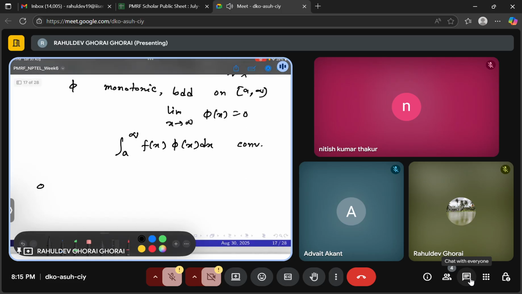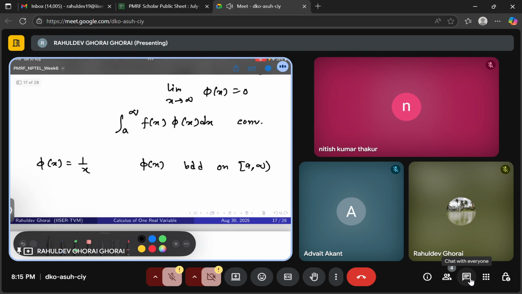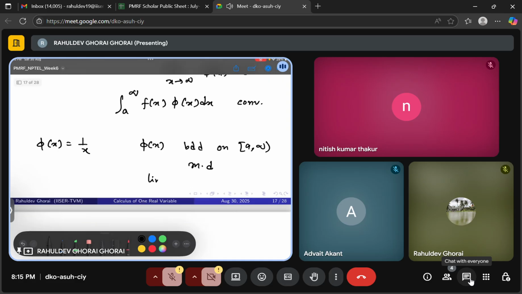So in our case, let's say phi(x) is equal to 1 by x. All of you know that phi(x) is bounded on any a to infinity with a positive, right? And it's monotonically decreasing. Also, we know the limit as x tends to infinity of 1 by x is equal to 0.